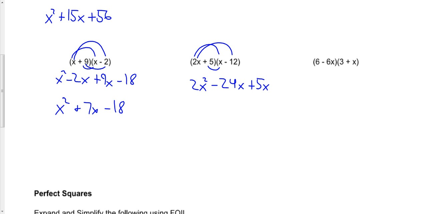And finally, positive 5 times negative 12 is going to result in negative 60. So when I collect my like terms, I end up with 2x squared minus 19x minus 60.